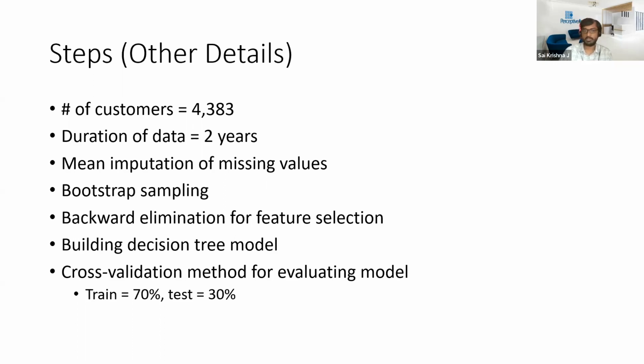Now what we should remember is imputation is a good technique for filling up missing values. But if you have a large number of missing values or a large proportion of the variable that is missing from the data, then it is not a good idea to do imputation. It is better in that case to drop the variable altogether from the model. But here, since the amount of missing values was not that high, they did a mean imputation.